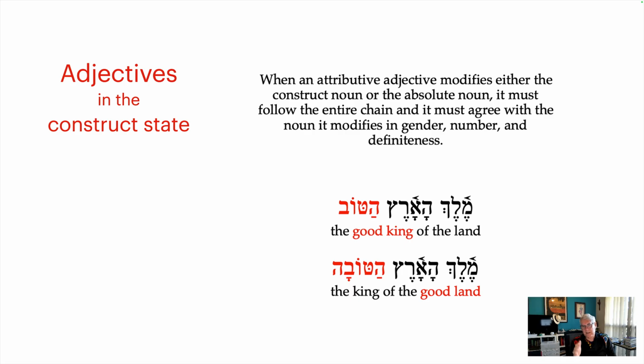So Melech Haaretz Hatov is the good king of the land, whereas Melech Haaretz Hatova is the king of the good land. King of the land, the good, because Hatova is Tov in the feminine form, so it's not an attribute of Melech, it's in an attributive relationship with Eretz, which is land.